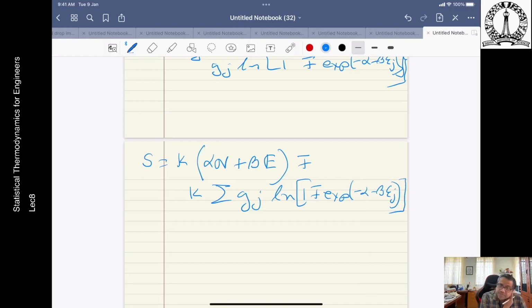So this is what you get as an expression for entropy.